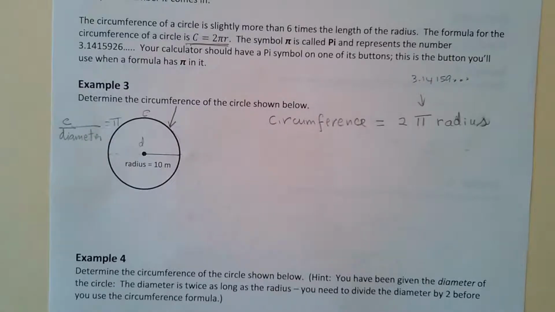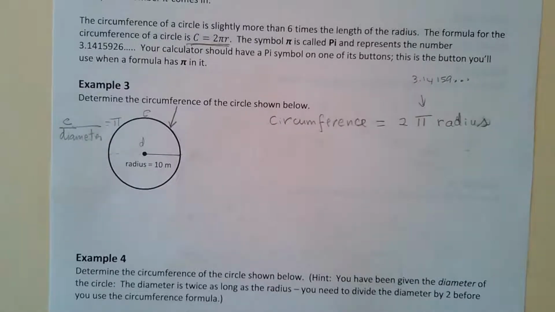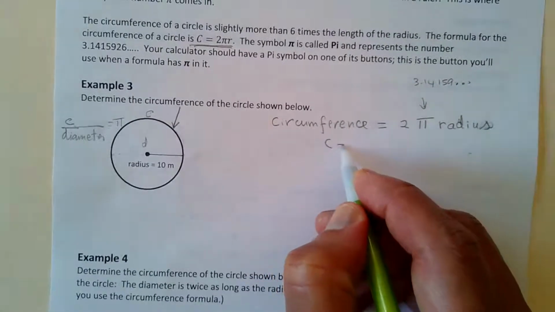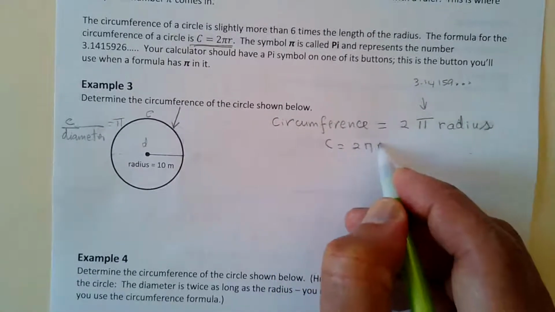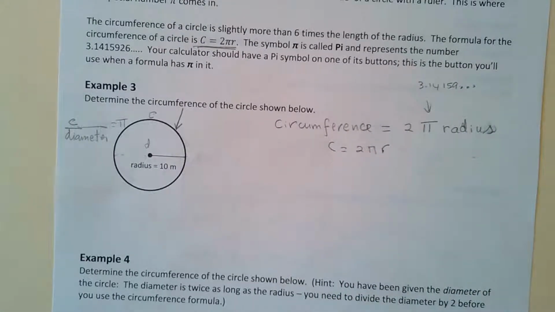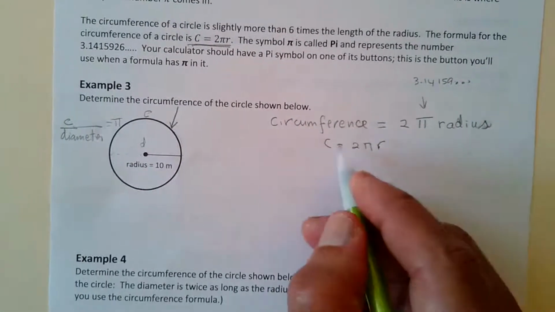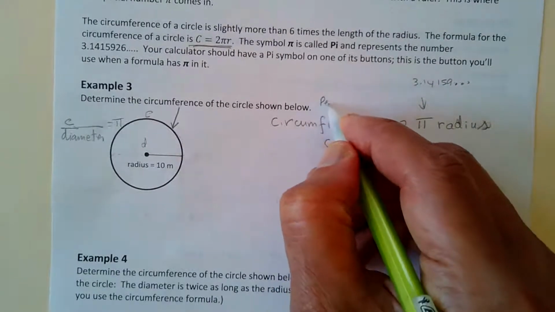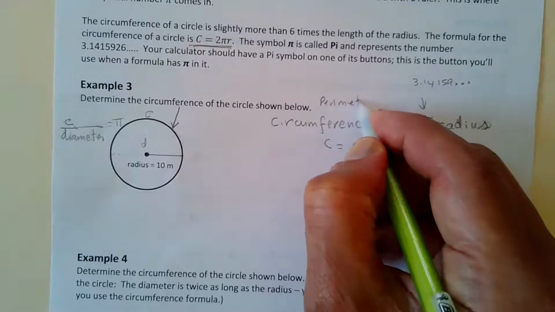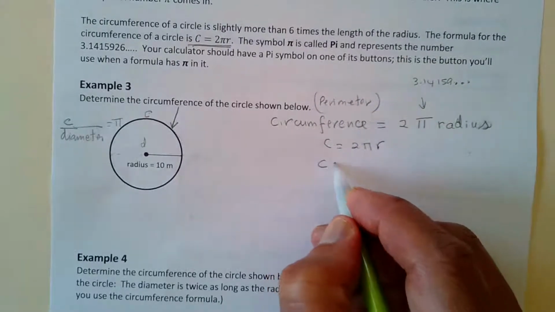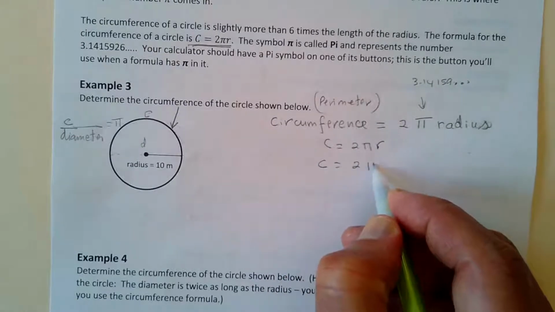Right? So if we are going to find the circumference, then we can write it as C is equal to 2 pi r. So this would be a perimeter. So more or less the circumference is the perimeter. So circumference is equal to 2 pi.